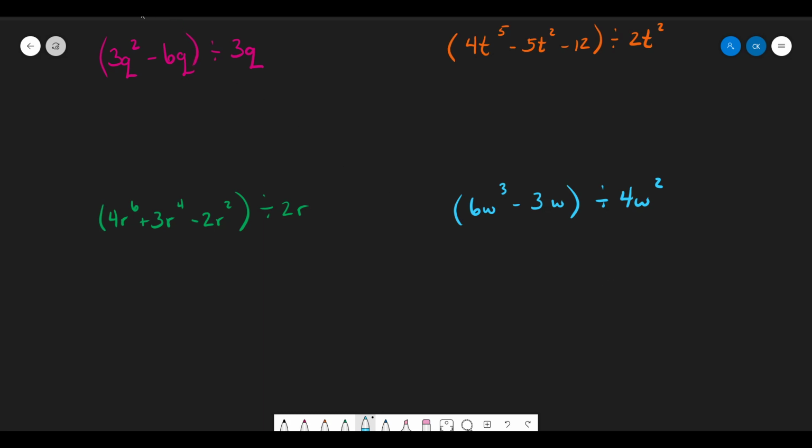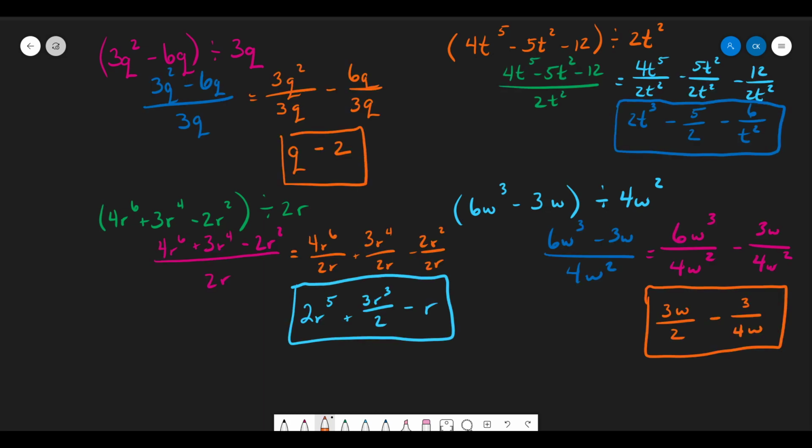Remember, if you're taking a polynomial and dividing it by a monomial, you're going to first rewrite it as a fraction. Then you're going to take each term in the polynomial and divide it by the monomial, and then simplify whatever you can. So again, take 5 minutes, try these on your own.